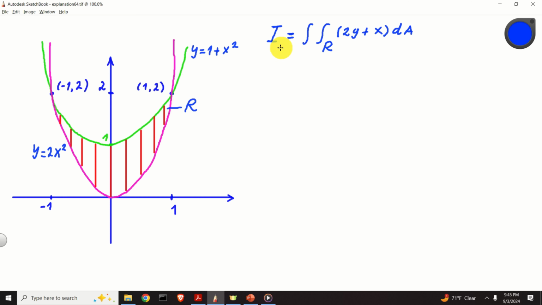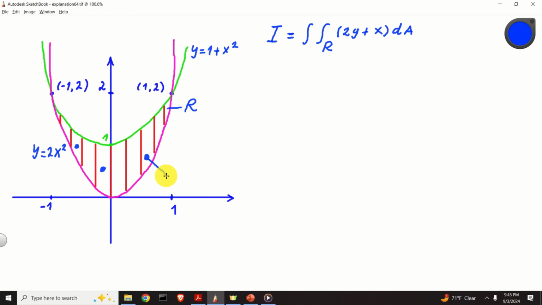In order to solve our original integral given over here, we need to know how to mathematically describe this region. In mathematics terms, the region is a set of points. That is, for example, you can see first point, then you can see a second point, third point, and you have an infinite number of points in this region.